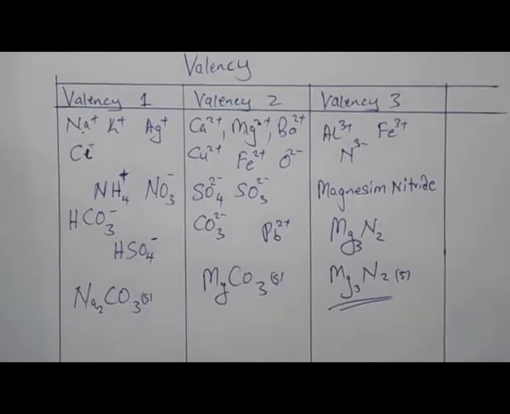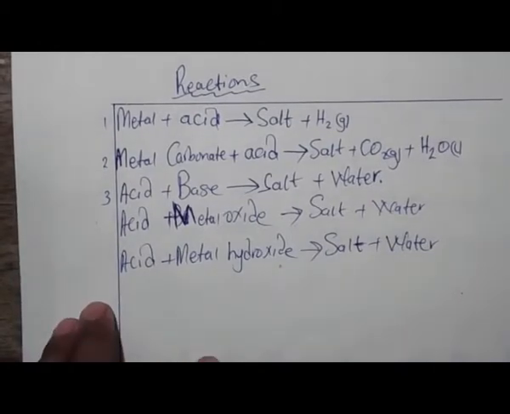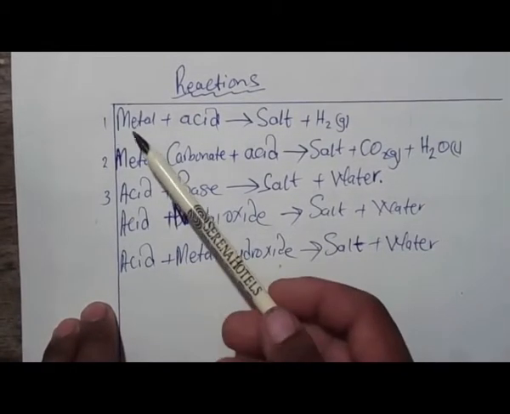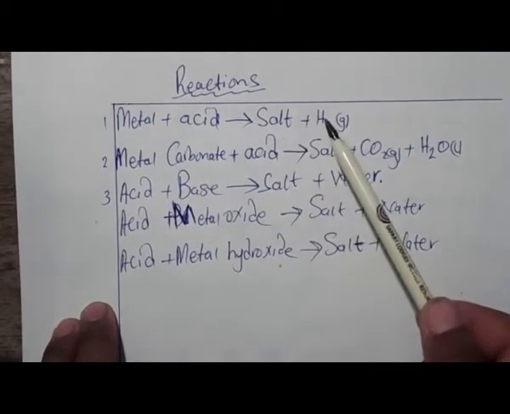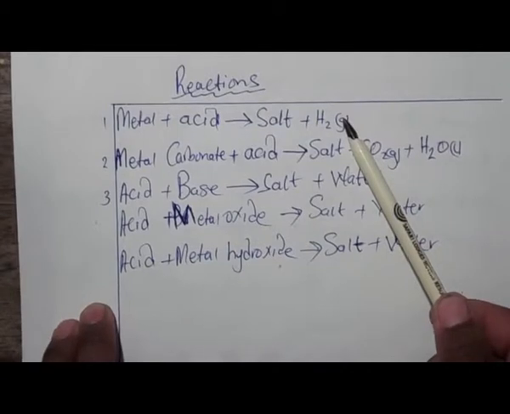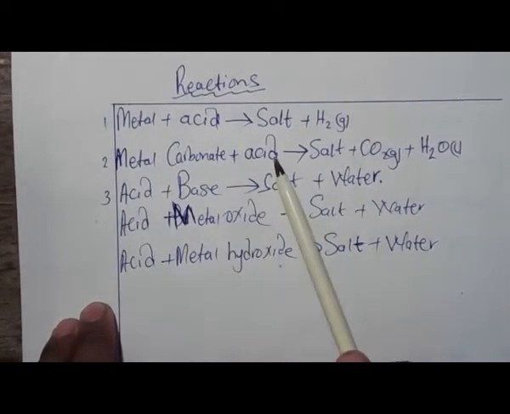Now, the next thing that we need to look at is what we call the reactions. Now, we know that metal plus acid, we normally get salt and hydrogen gas. Remember, we also have metal carbonate plus acid.